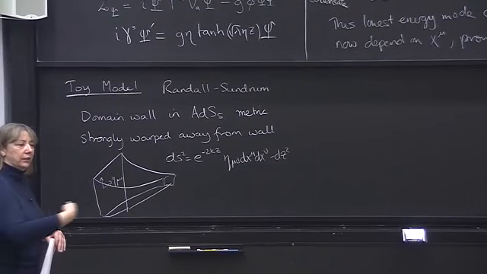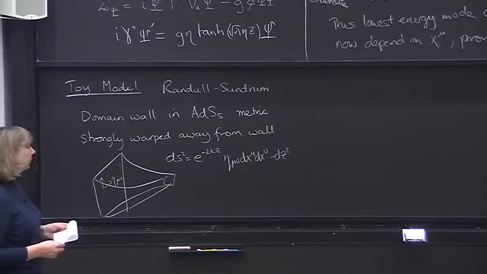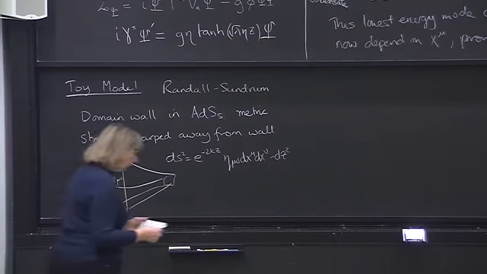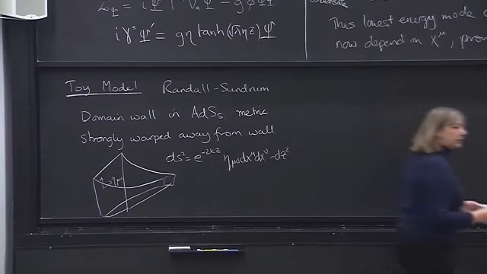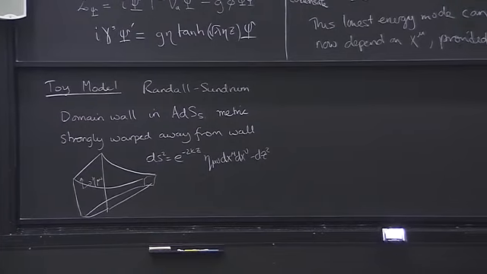Our transverse directions are squashed exponentially as we move away. So let's see how we describe this picture gravitationally, because if we are going to discuss warped compactifications, we need to do it fully consistently within the context of Einstein gravity.